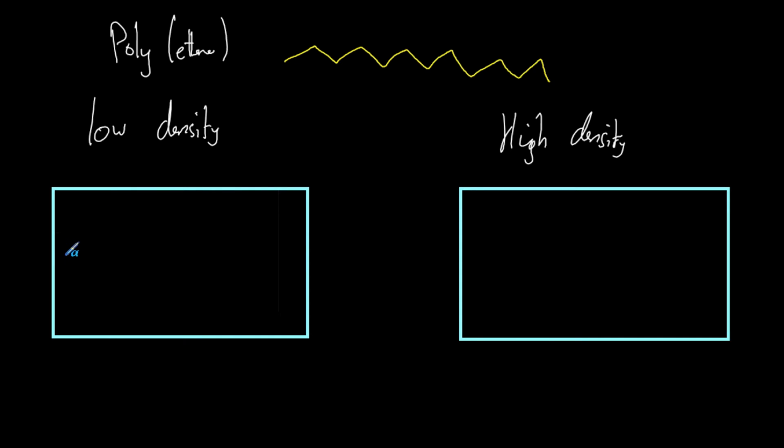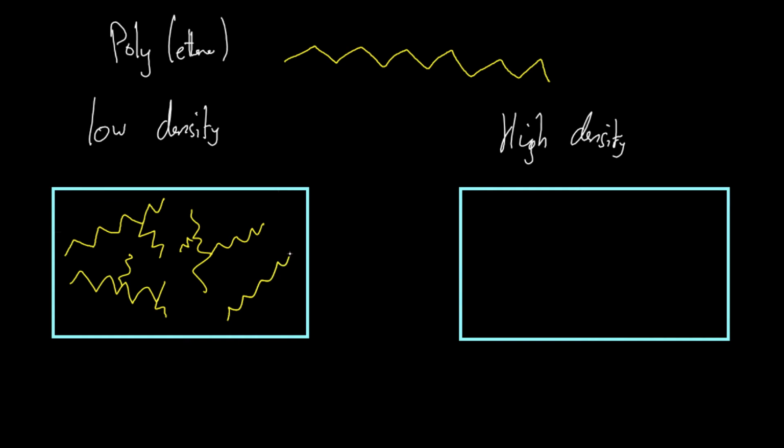And so we have molecules of ethene which look like this. And then they might branch off like this. Then we'll have another one down here, and that will have branches as well. You'll have another one like this, with branches. And if you see, these branches are stopping them from perfectly lining up.